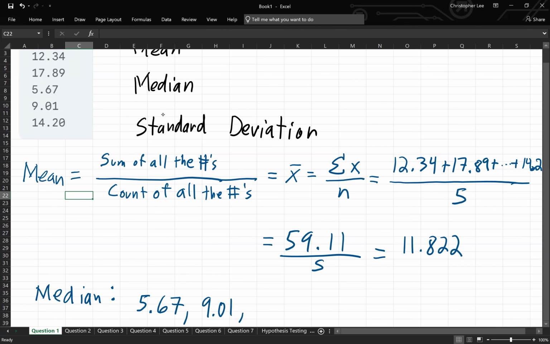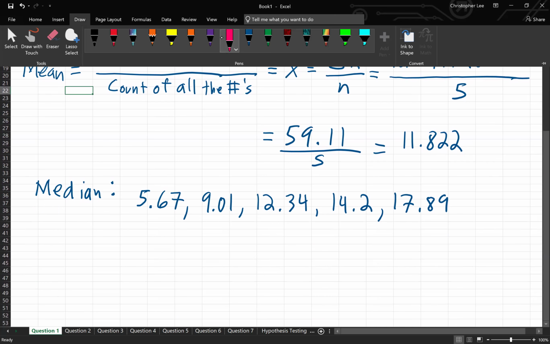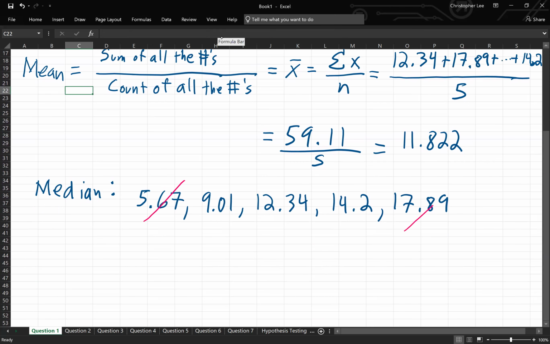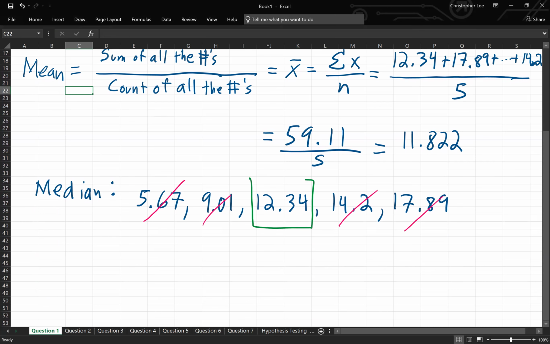Okay, what's next? 12.34. Very good. What's next? 14.20. And what's last? 17.89. That's excellent, right? And then what I want to do is cross out each side, one from the front, one from the back, another one from the front, another one from the back, and the middle number, all right? And that's my median right there. That's what I'm looking for.